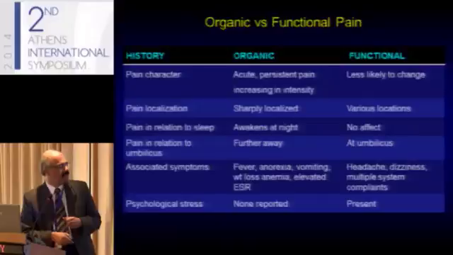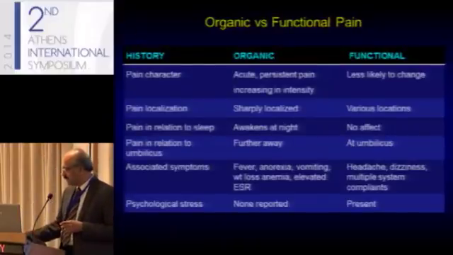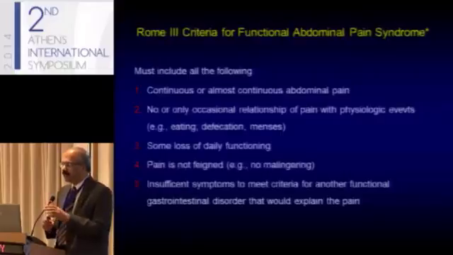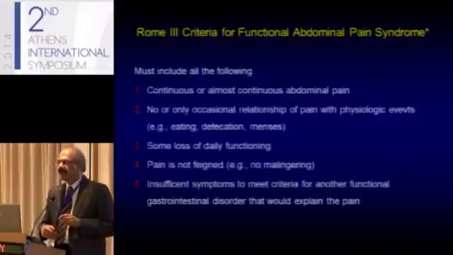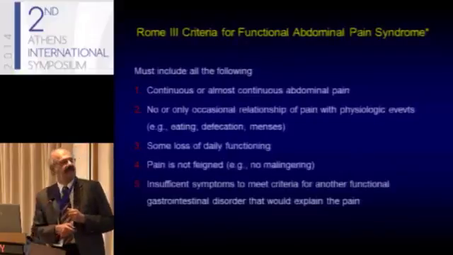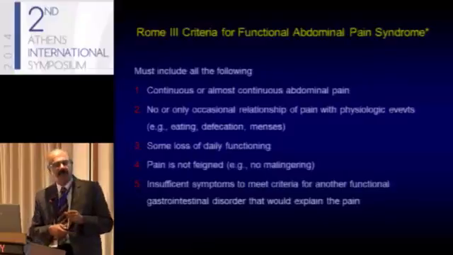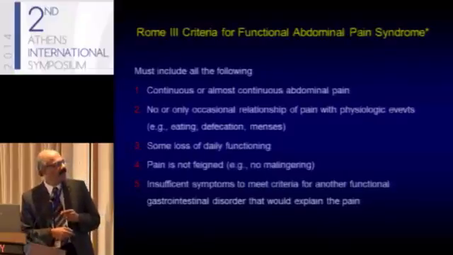And of course, there are other associated symptoms which point towards organic versus functional pain. But it's important because, in fact, the Rome 3 criteria, the Rome criteria given for functional bowel disease, has given a certain importance to functional abdominal pain syndrome, because this is very common in clinical practice.